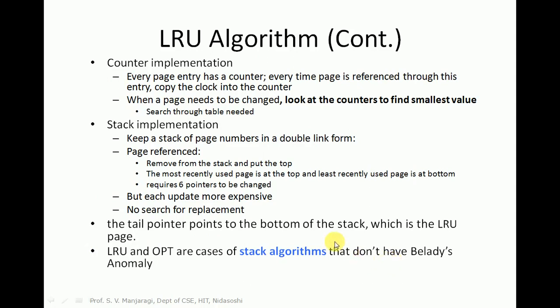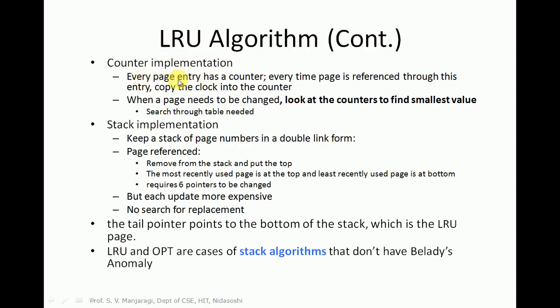Now let us see how the LRU algorithm can be implemented. The LRU algorithm can be implemented easily in two different ways. The first way to implement the LRU algorithm is counter implementation. We can maintain a counter, and based on the counter value we can go for the page replacement.